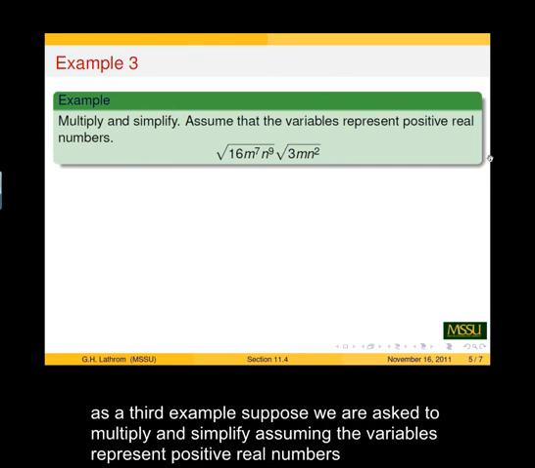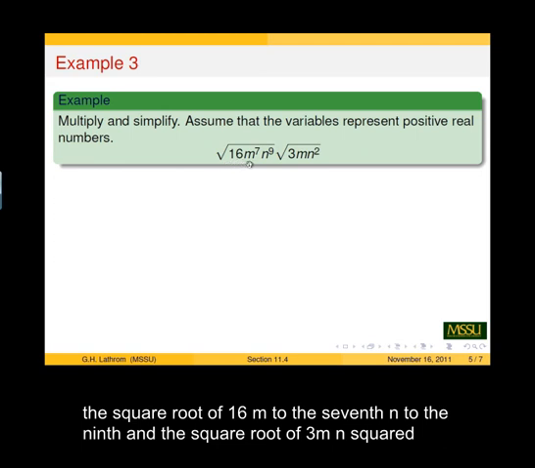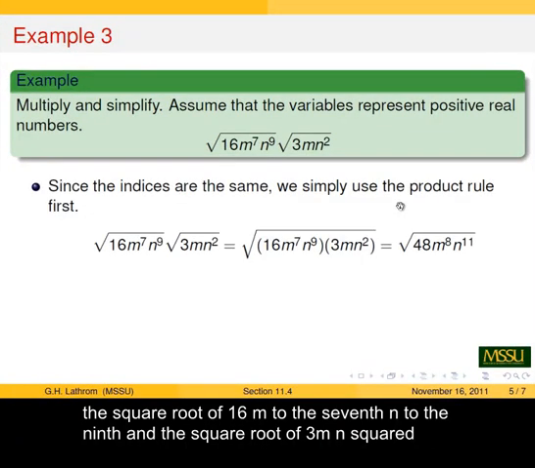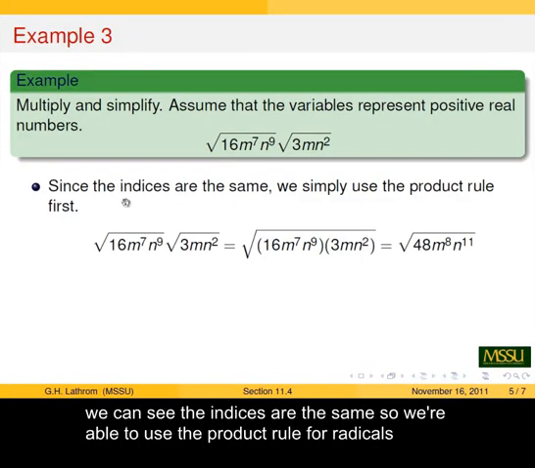As our third example, suppose we are asked to multiply and simplify, assuming that the variables represent positive real numbers, the square root of 16m to the 7th n to the 9th times the square root of 3mn squared. Both indices are the same, so we are able to use the product rule for radicals.